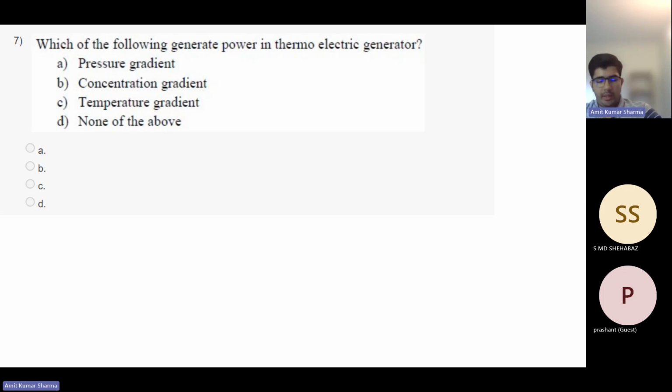And what is the reasoning? Try to think of the reasoning. You are saying the temperature gradient. So what will happen with the materials due to the temperature gradient, where there is heat, and the heat energy will be converted into electrical energy? So what is the reasoning behind that?